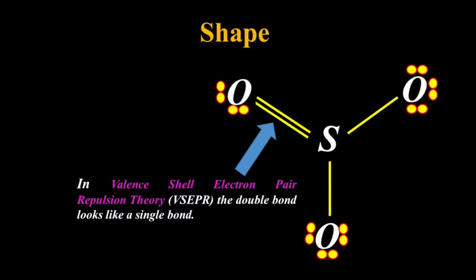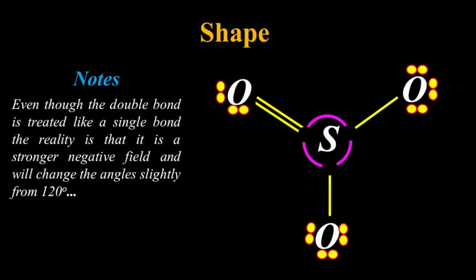In valence shell electron pair repulsion theory, VSEPR, the double bond looks like a single bond. In terms of its geometry, because there's nothing on the central atom, it'll be a regular geometry. Even though the double bond is treated like a single bond, the reality is that it is a stronger negative field and will change the angle slightly from 120 degrees.